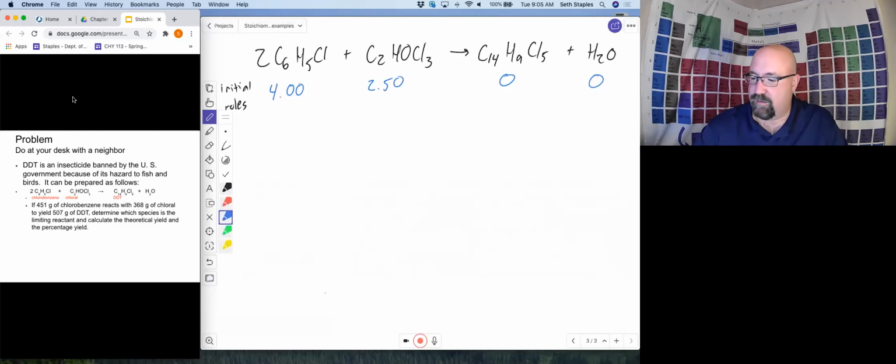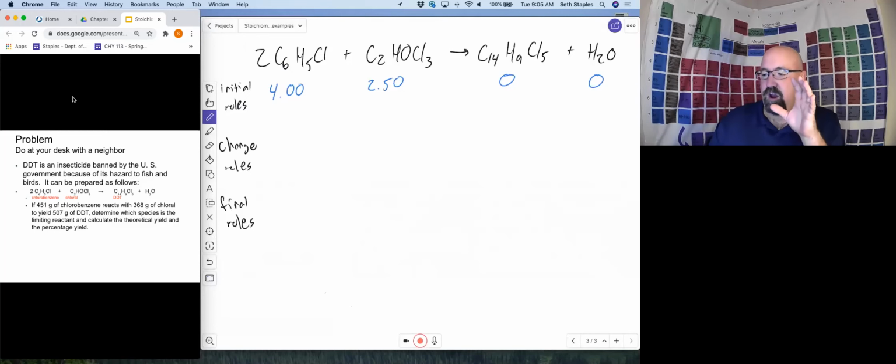So then the other items that we need to calculate for this table are our change in moles and our final moles. Now again, remembering that our change has to be whatever gives us 0 of one of our particular reactants. And so we're going to go ahead and analyze that. So we just sort of pick one to start out and start our analyzing.